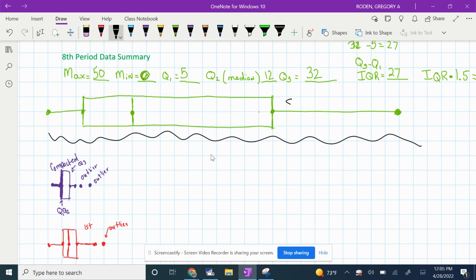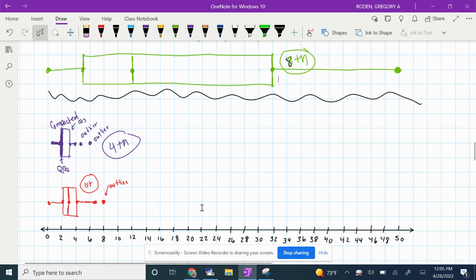Because this is my 8th period, let me do it in green. This is my 8th period right here. This one right here was my 4th period. And this one is my 1st period. So we had 8th period, 1st period, and 4th period. My 8th period's answers were much more spread out.